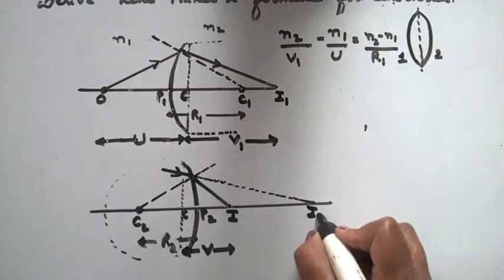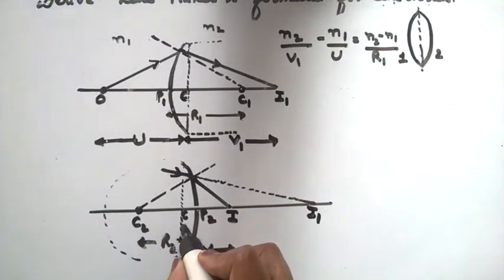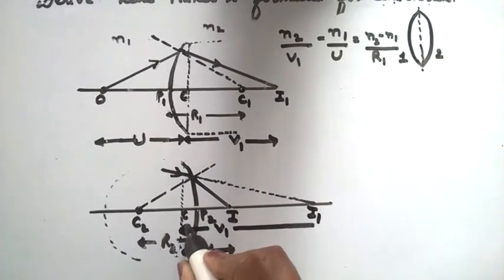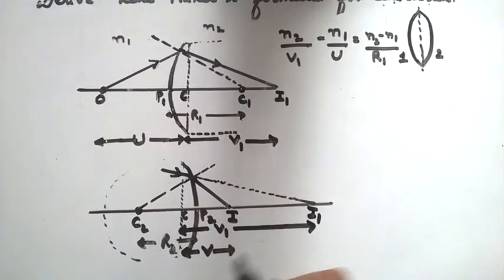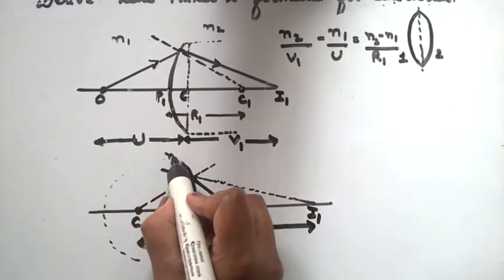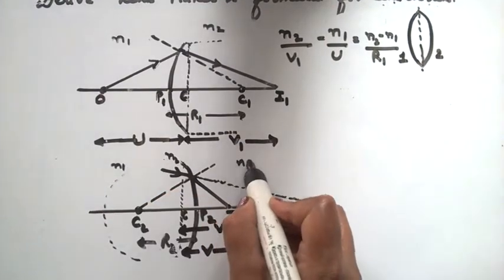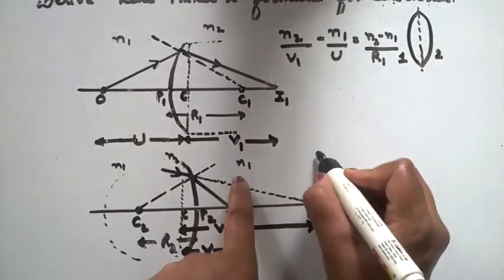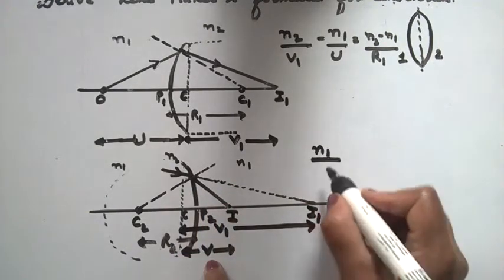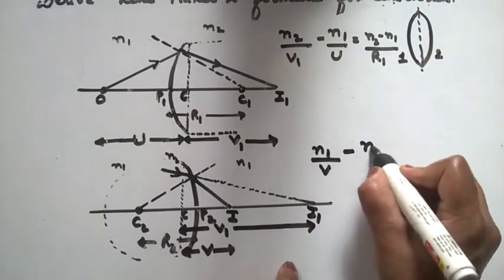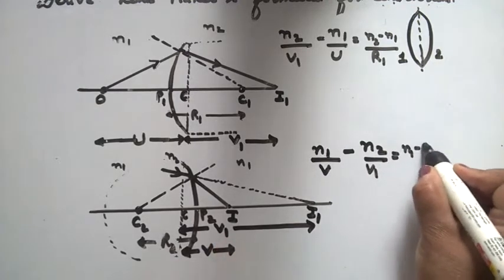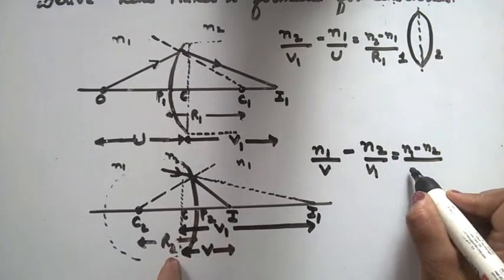So this V1 is the object distance for the second surface, from optical center to I1. So the equation is, this is the denser medium N2, rarer medium N1. When the ray of light is coming from denser to rarer, it is N1 upon image, that is V, minus N2 upon object, that is V1, equals N1 minus N2 upon radius of curvature R2.